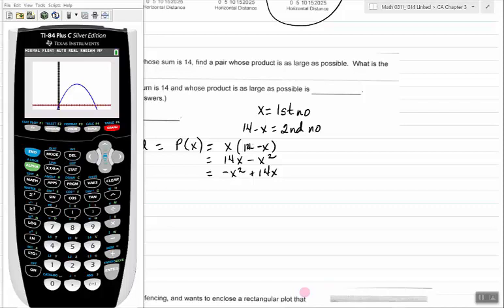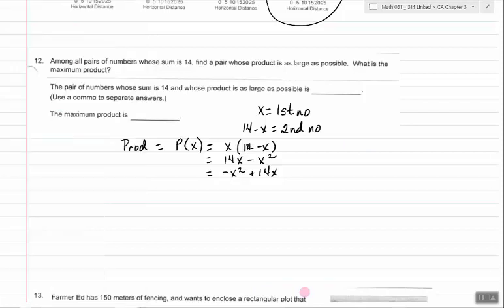All right, this is something that we really haven't seen before, but the vertex is going to give us an H, K. The H, remember, is X. K is Y, but in this problem, I'm not calling it Y, I'm calling it P of X. Right here.